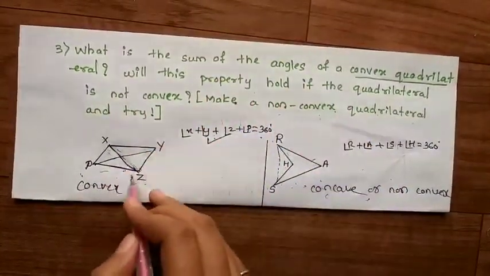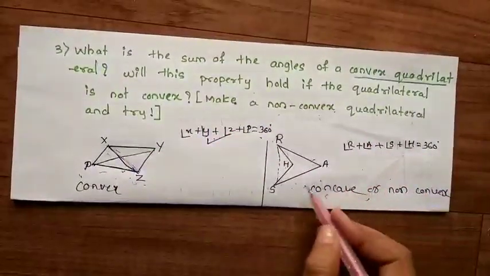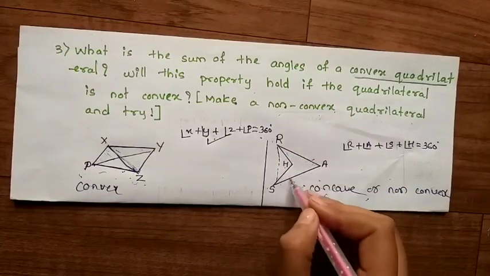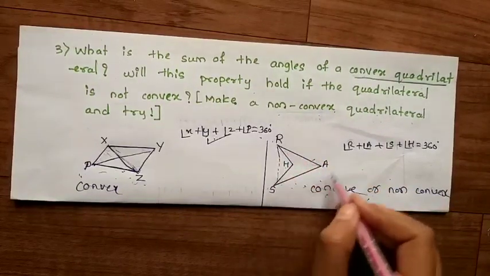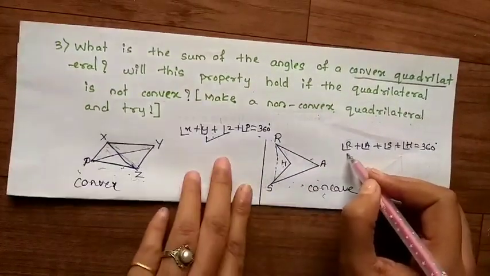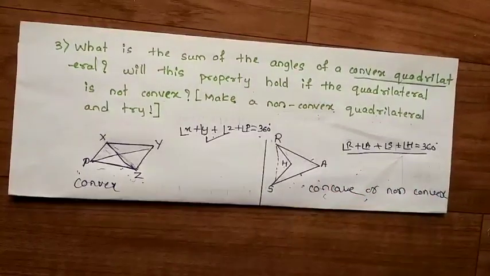If this property is satisfied, then we have to show whether the non-convex quadrilateral also satisfies this property or not. So let's start the proof now.